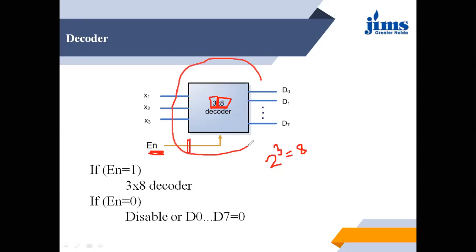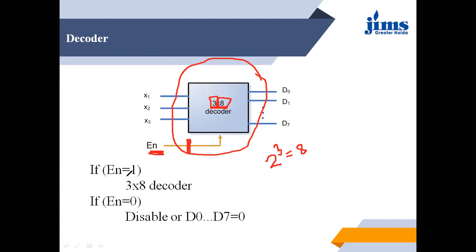Sometimes it happens that the decoder is not in use, but each and every element takes some electricity, some power. So we do not want to waste that power. In that case, we have to implement a signal, that is enable.